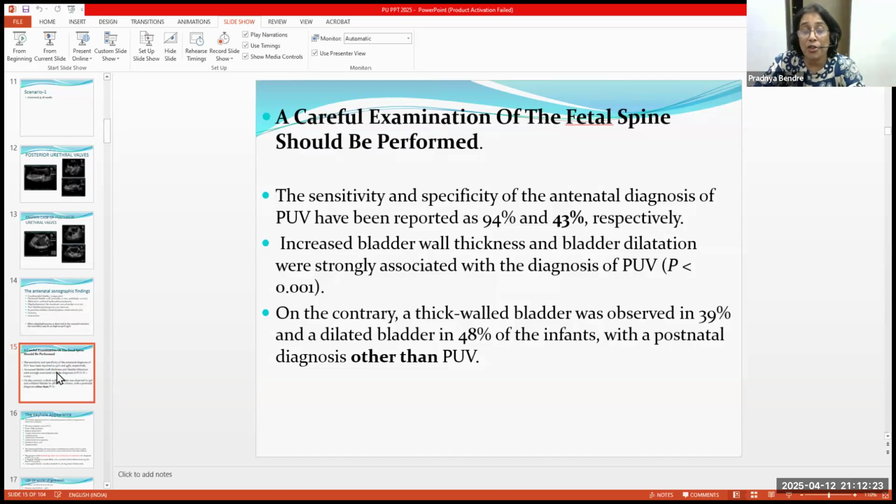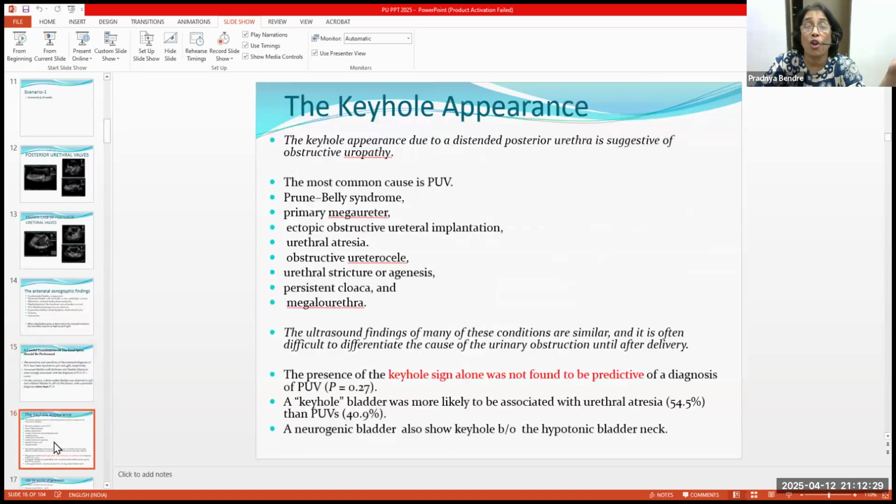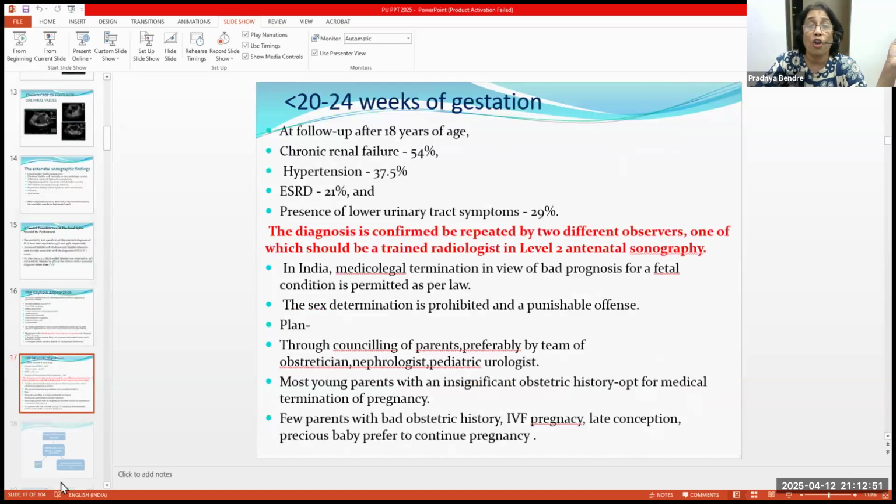So if it is not a neurogenic bladder, then our closest diagnosis is posterior urethral valves. The keyhole appearance should not be misleading; though it is the commonest finding in posterior urethral valves, there are other conditions where the keyhole sign can be seen. Still, it is a very significant finding that will tell you it is posterior urethral valves.